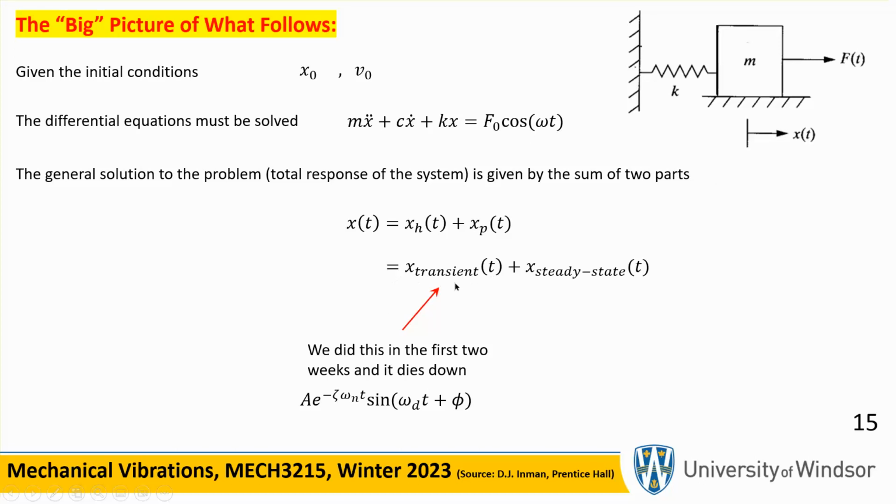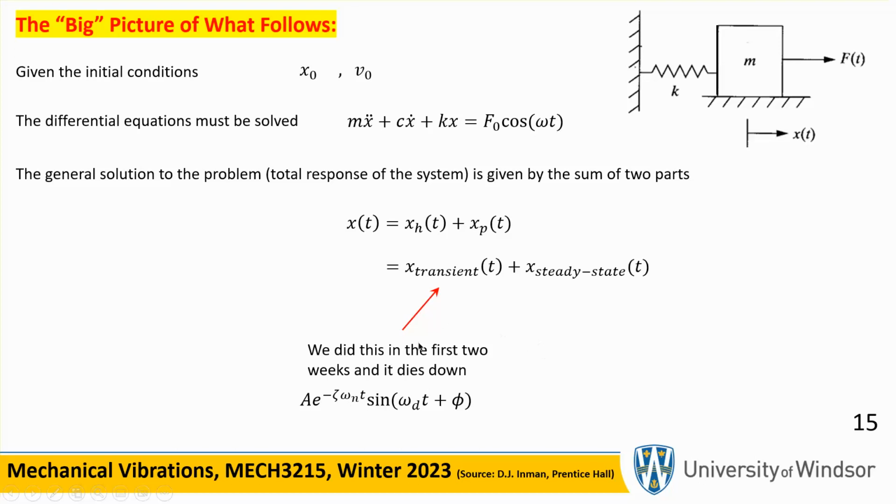Now, this transient solution, we have learned about it in the first 2 weeks of the class, can be written like that, or it can be written as C1 e to the minus xi omega n t sine omega d t plus C2 e to the minus xi omega n t cosine omega d t.